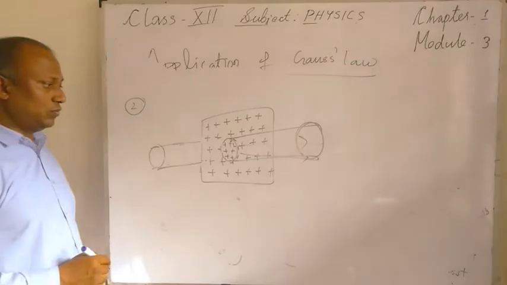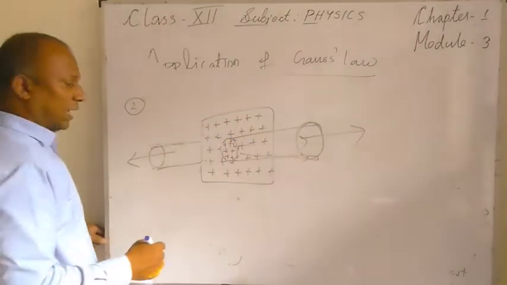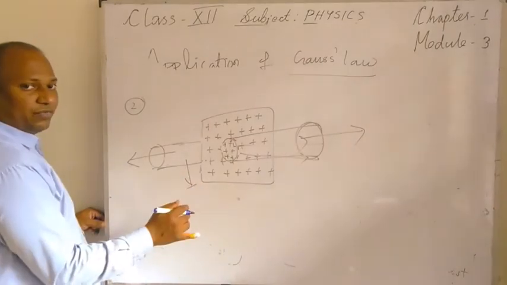So the electric field is in this direction, here also electric field is in this direction, and in this direction there is no electric field, area is there.